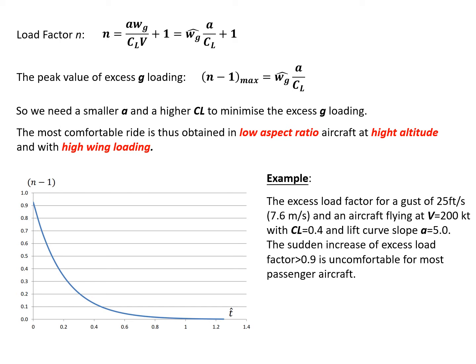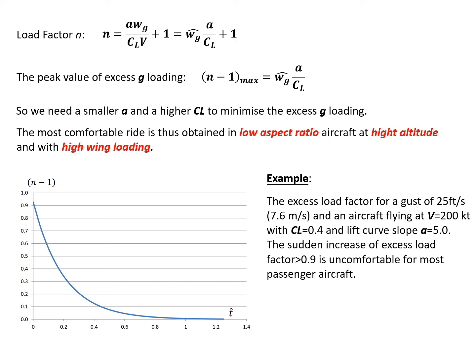And if we see an actual plot, this excess G loading versus time is plotted here. The excess load factor for a gust of 25 feet per second, which is about 7.6 meters per second, with the aircraft's true airspeed at 200 knots and CL of 0.4, and the lift curve slope A about 5, then the sudden increase of excess load factor is larger than 0.9.